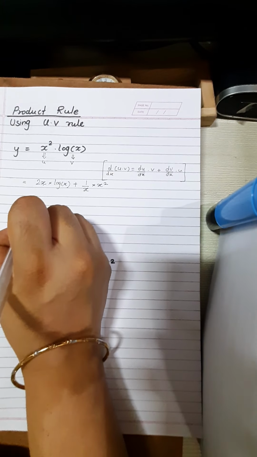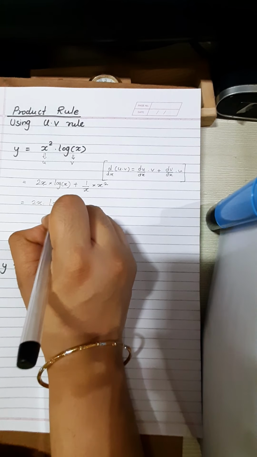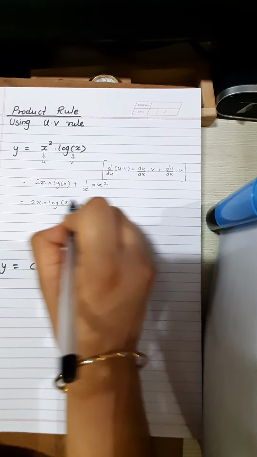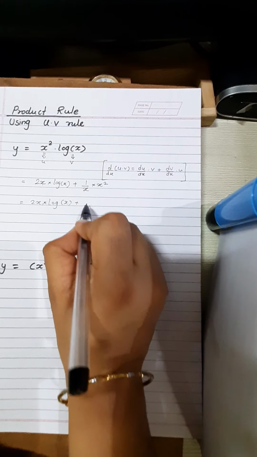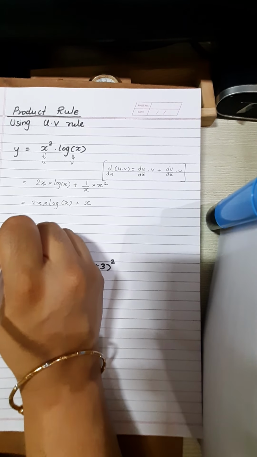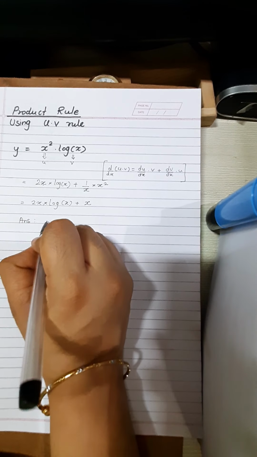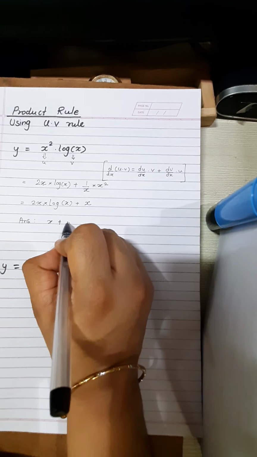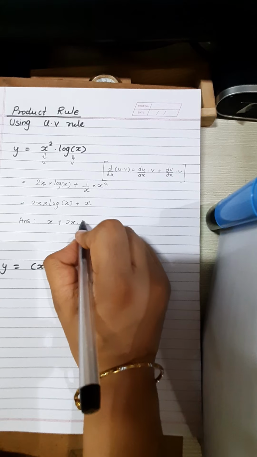So solve this. This is 2x into log x, plus this will get cancelled, so we get x square upon x as x. So the final answer is x plus 2x log x.